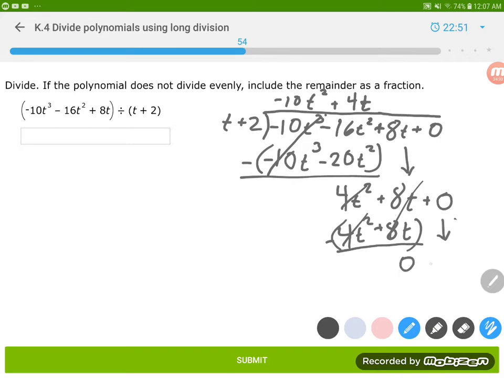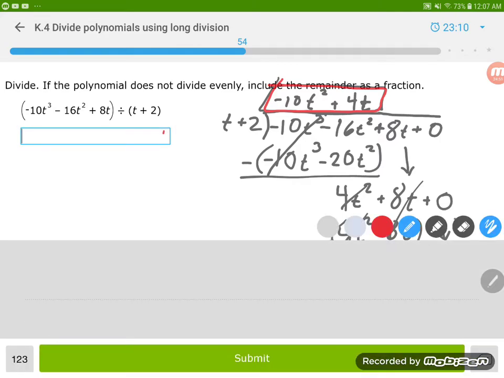If we want to be technical about it, we can bring down the 0, but 0 plus 0, well, we still have no remainder. So that means that we have no remainder, and so our answer is just right there. Let's go ahead and put that in red. Right there. Okay. Alright, so that means negative 10t squared plus 4t should be the answer.